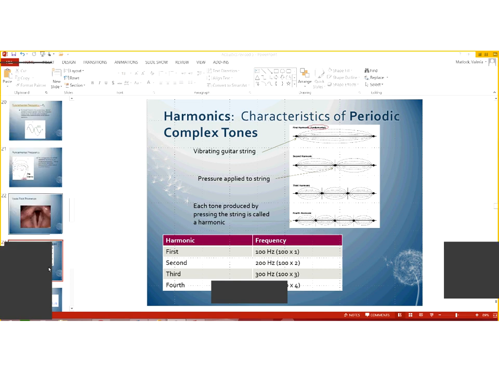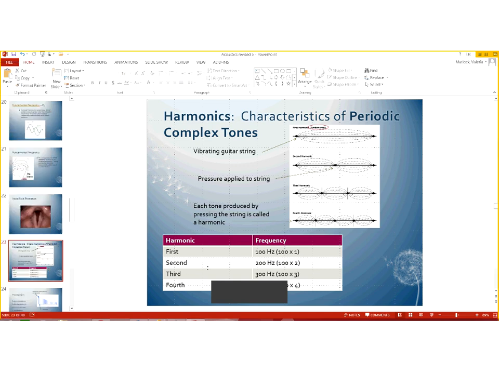Not only do your vocal folds produce the lowest natural rate that they vibrate, they also produce multiple frequencies that are actually multiples of the fundamental frequency. We're going to call the fundamental frequency the first harmonic.